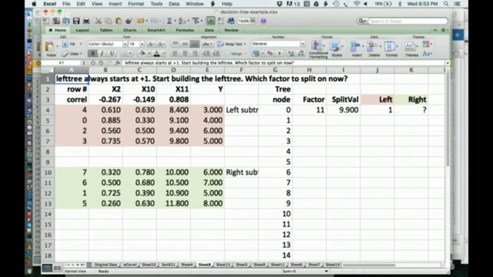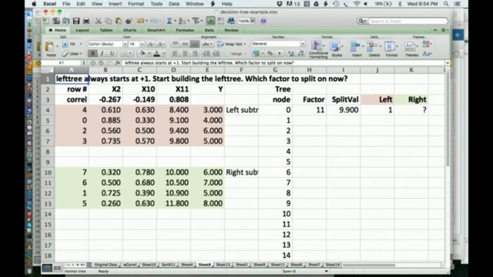Now we're calculating the correlation with this subtree. So for instance, this now represents the correlation of the data in our left subtree with Y, and so on. So we're not looking at the whole data set anymore. We're just looking at the left subtree. So we've recursed down into computing the left subtree.